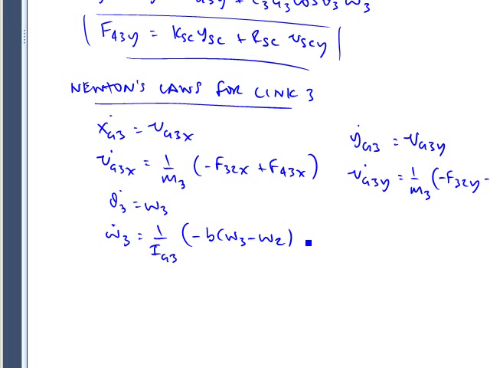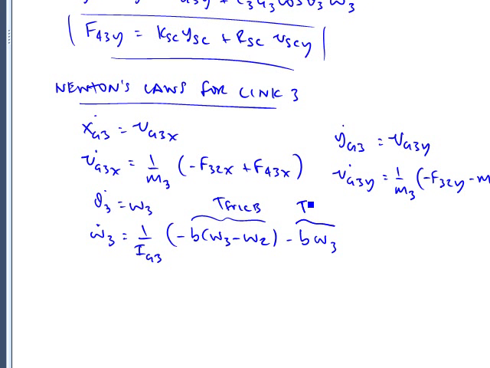I'm going to have a positive, actually no, I'm sorry, I'm going to have a negative T fric C, so B omega 3. So there's T fric B, and here's T fric C.